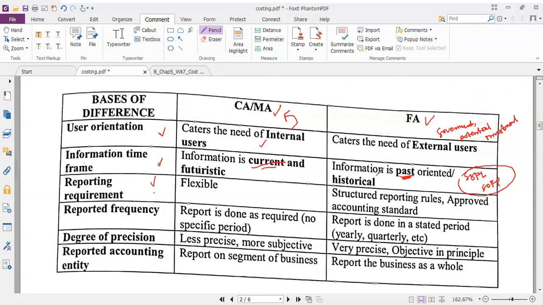So, information yang ada dekat dalam SOPL and SOFP tu, how much is your machinery cost, how much is your sales, how much that you get for your net profit, that is all past information. Yang awal tahun punya information. So that's why financial accounting is past oriented or historical.